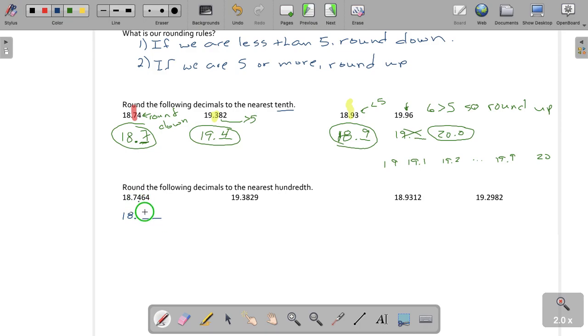And that first spot's going to be a 7. That's not our issue. That's going to stay a 7. Okay, it's the 4 that we have to make the decision. So I look at the number after the 4. I look at the 6. Okay, 6 is greater than 5, which means we round that 4 to a 5. And I have 18 and 75 hundredths.